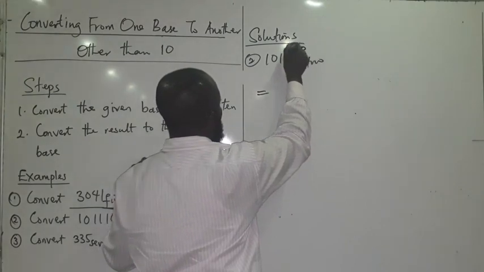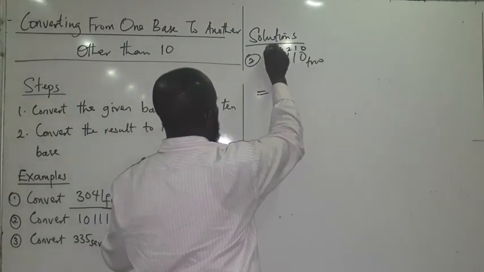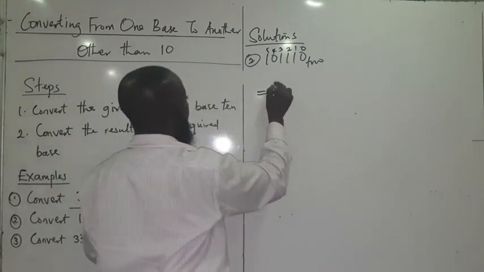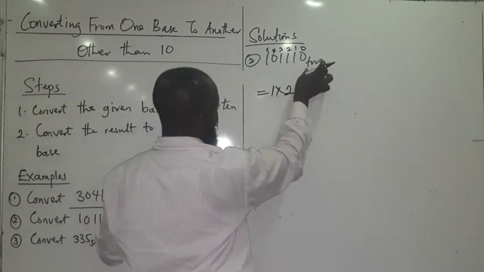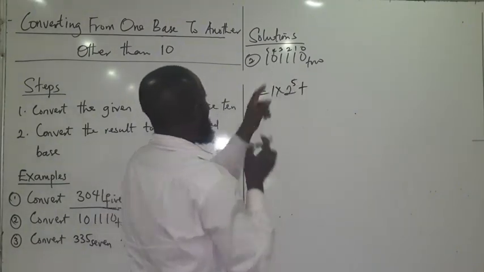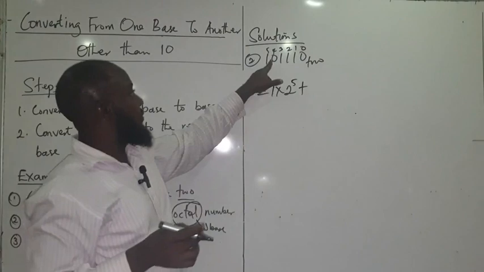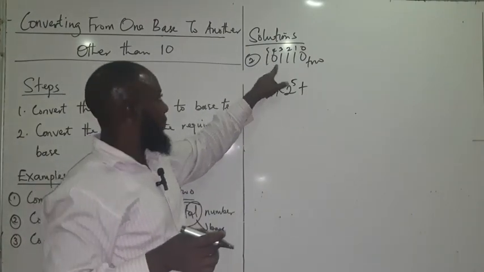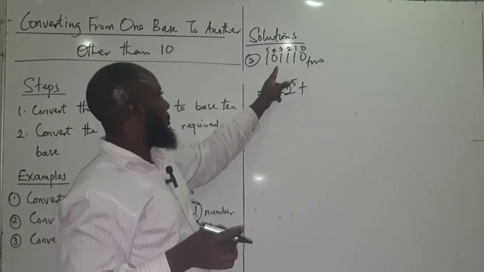This will be 0, 1, 2, 3, 4, 5. Right? So we're going to have 1 multiplied by 2 raised to 5. Plus, now, this is 0 here. If you multiply 0 by anything, you get 0, so I'm going to jump this 0.